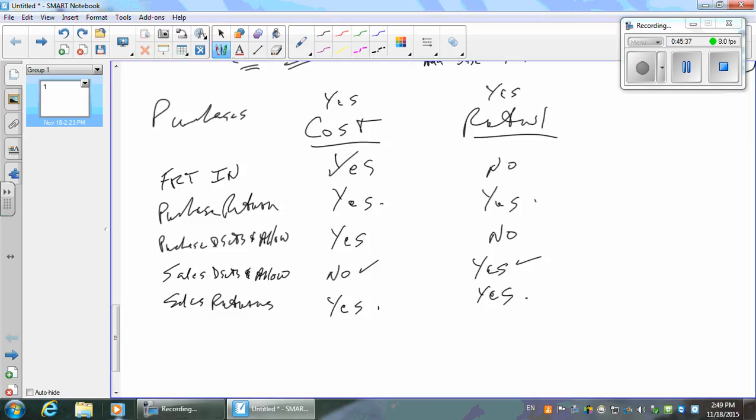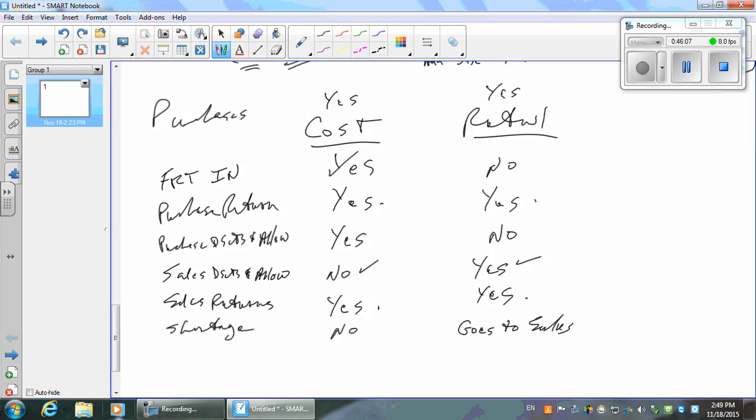So what would you do with it? What they're saying is they're not going to change their cost to retail percentage. So the shortage doesn't affect the percentages. Does it affect cost? No. Does it affect retail? It goes straight to sales, so you write it right next to sales.